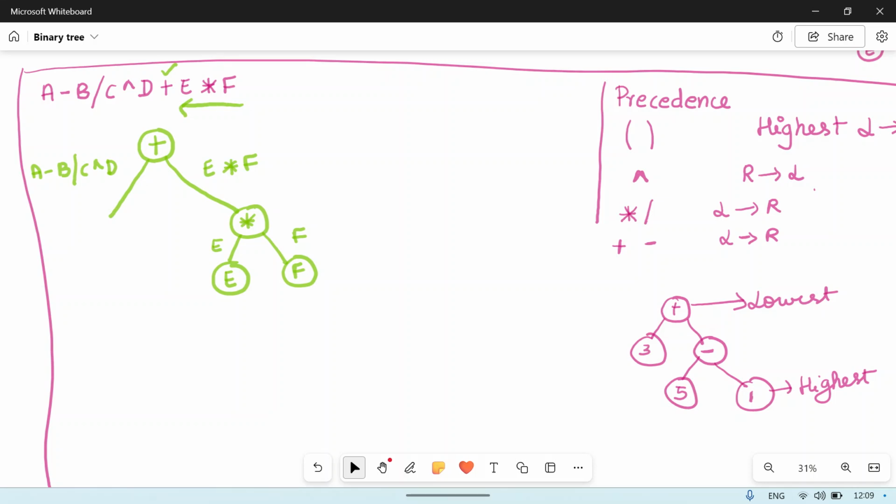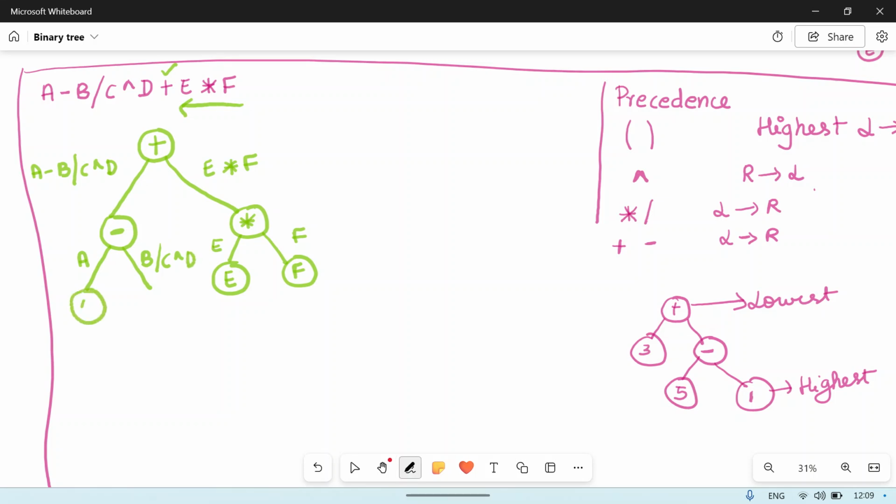So think of the one with the least precedence. The one with the least precedence is minus. So minus becomes the next root. Everything towards the left of minus becomes the left part. Everything towards the right of it becomes the right part. So B divided by C power D.